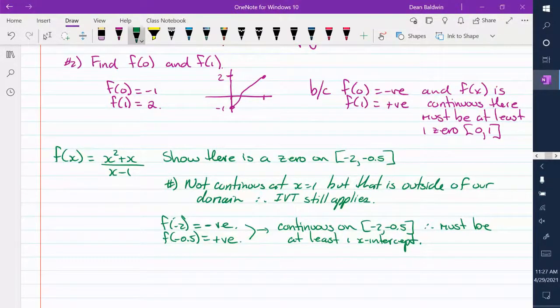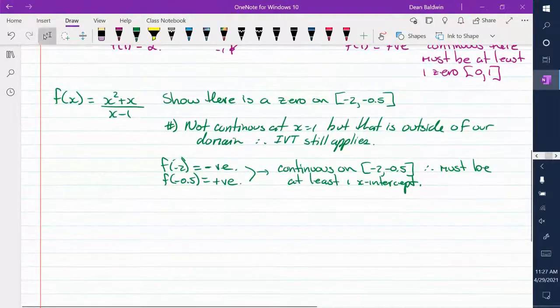All right. I will ask you a question like this on the test. Basically, it'll just be like this. Here's your function. Does it have a 0 on some interval? Prove it to me. I don't care what the actual 0 is. That's irrelevant to me. It does have a 0 when one is positive and one is negative.